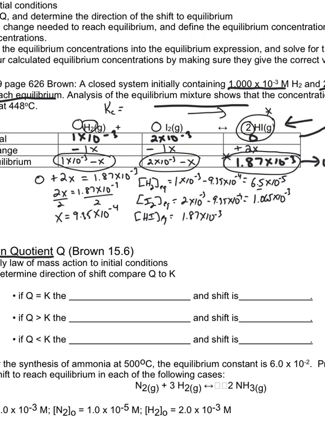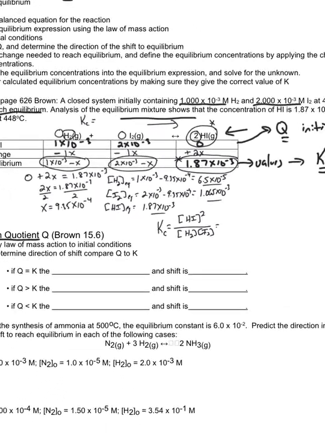So now I know the concentrations of all three of the substances, and now I can easily calculate the value of Kc for this expression. Again, the Kc expression would be the concentration of HI squared over the concentration of H2 times the concentration of I2. So now I'm going to plug in those values that I just calculated.